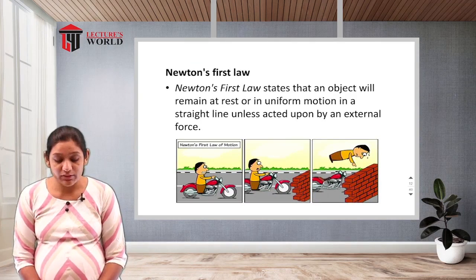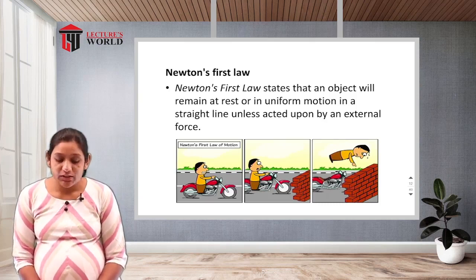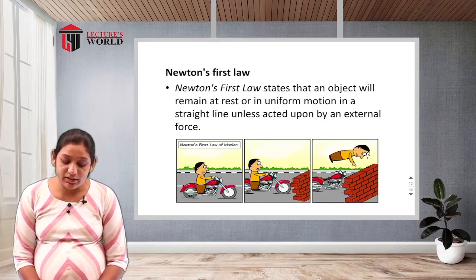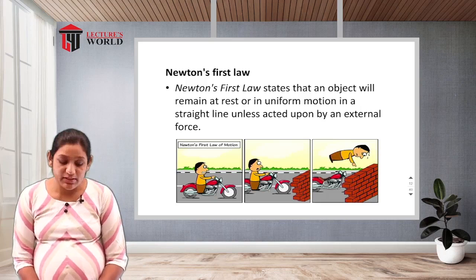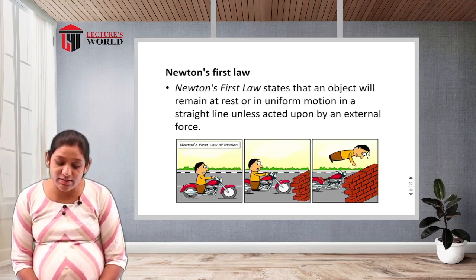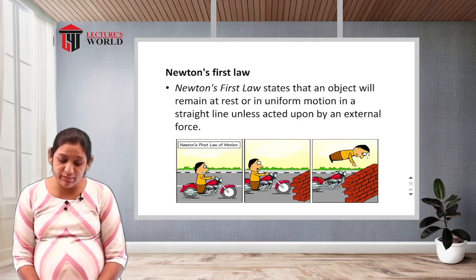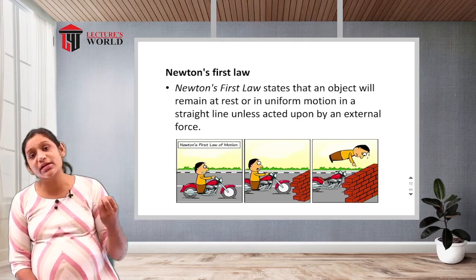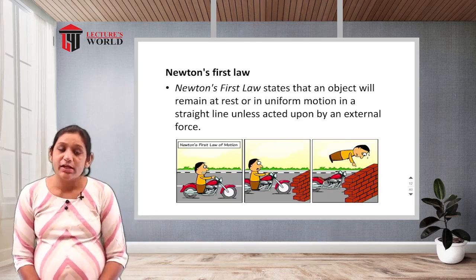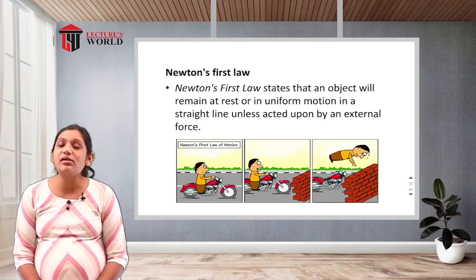Newton's first law states that an object will remain at rest or in uniform motion in a straight line unless acted upon by an external force. Uniform means a uniform motion in a straight line, unless acted upon by an external force.